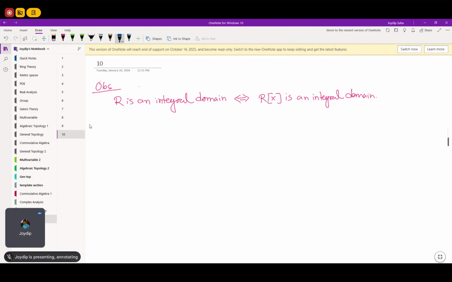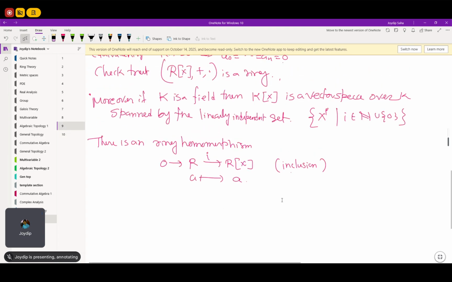Okay, this part. Let f(x) equal a0 plus and so on. I write this notation because it makes multiplication easier.